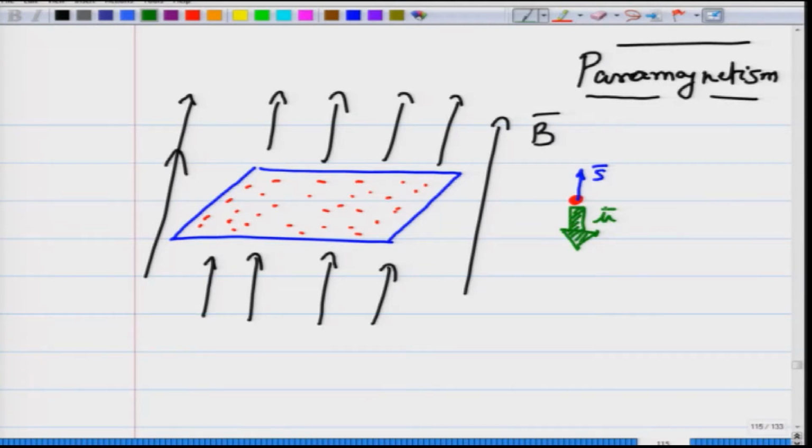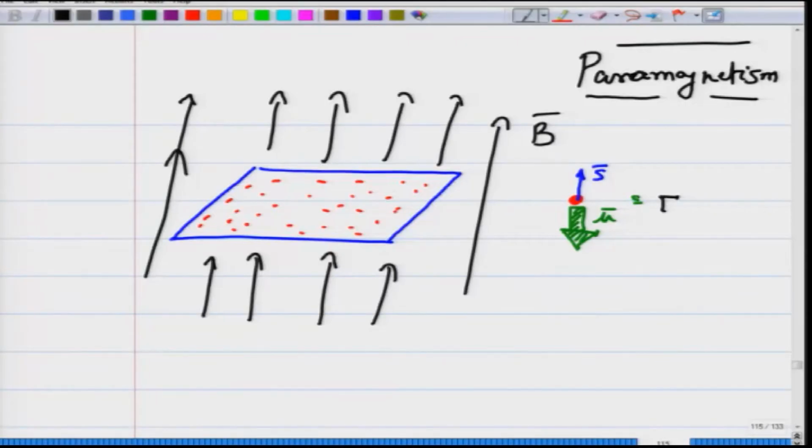So, each electron not only has a spin, it also has a magnetic moment. Each electron you can think of like a small bar magnet, with a north pole and a south pole, where the magnetic moment associated with each electron is opposite to the direction of the spin.